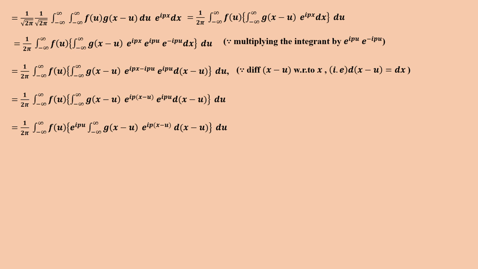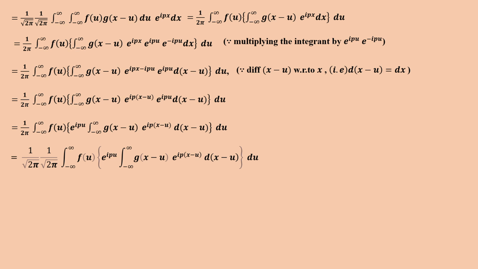With respect to that integral, e power ipu is a constant, take it outside from the inner integral, right. e power ipu integral from minus infinity to plus infinity g of x minus u e power ip(x minus u) d of x minus u into du.